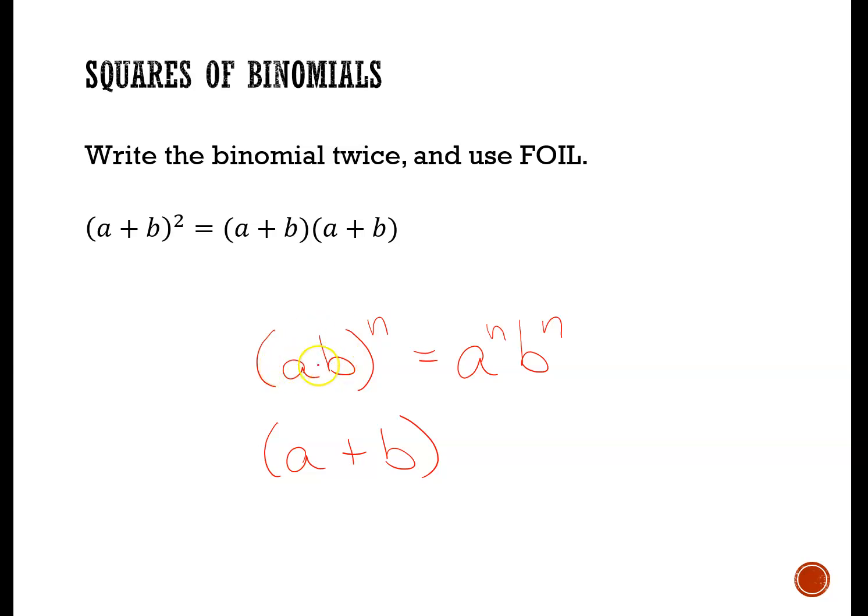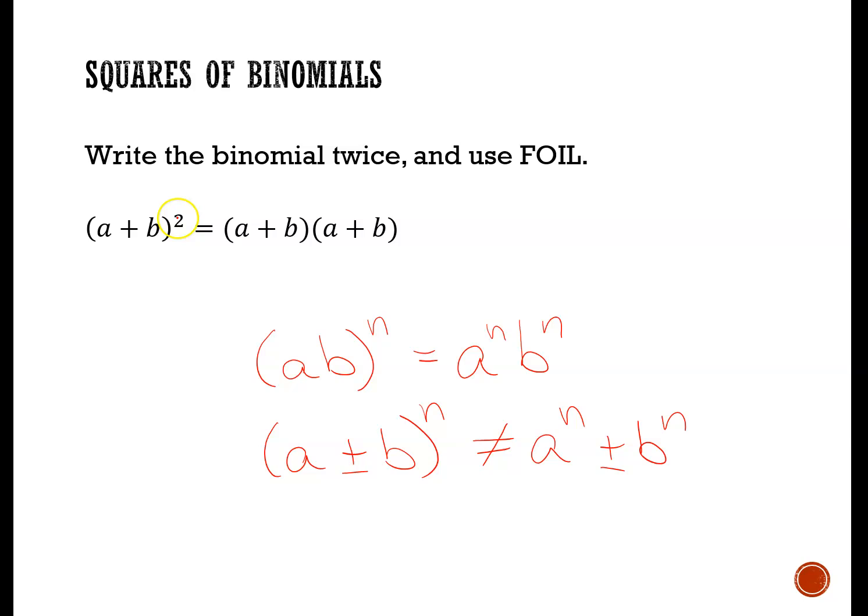And remember, ab is just one term because that's multiplication. But now we have addition in here. We've got two terms. You cannot just put that exponent on each term. It does not work. You can only do it when these are multiplied, not when they're added or subtracted.